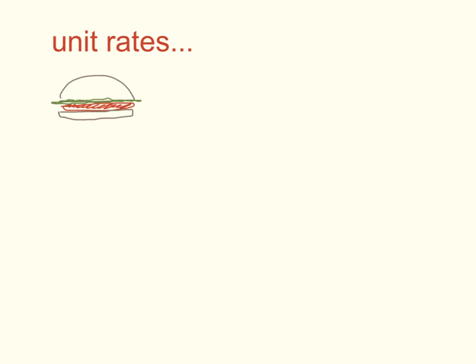All right, so let's look at hamburgers. Let's say I'm going to buy a quarter pounder, and I'm going to call that 0.25 because 0.25 or 25% is the same as a quarter. And I'm going to label that, and that is weight.